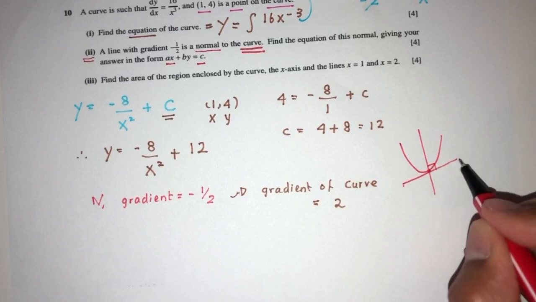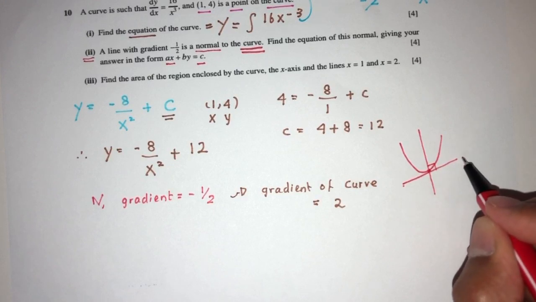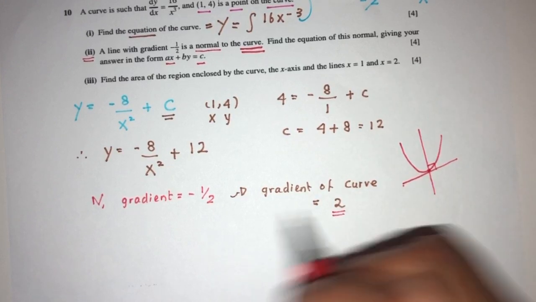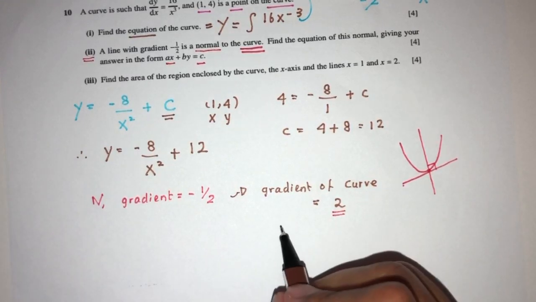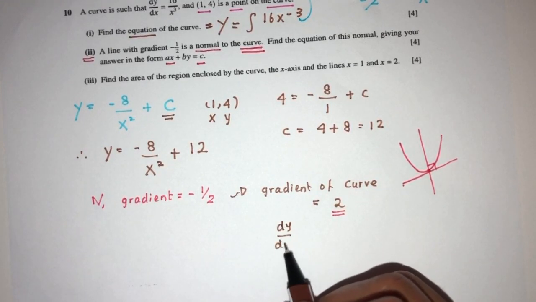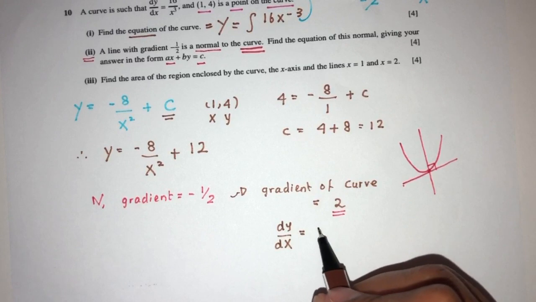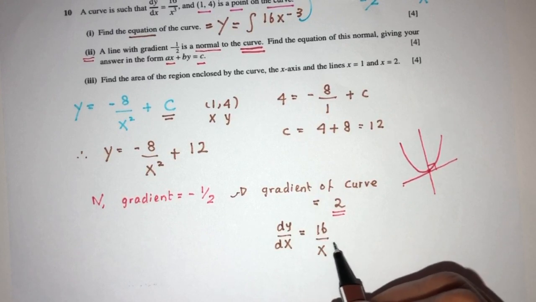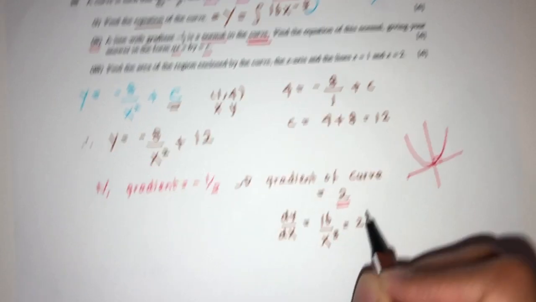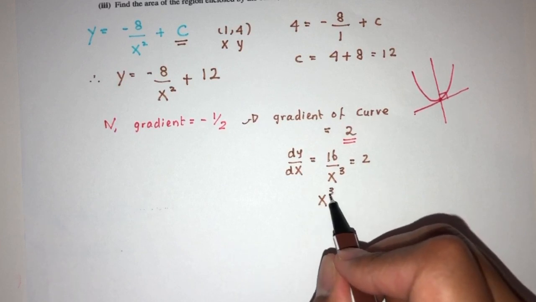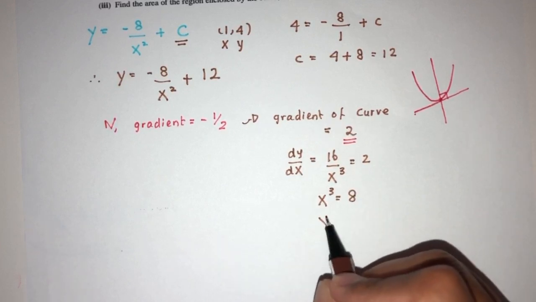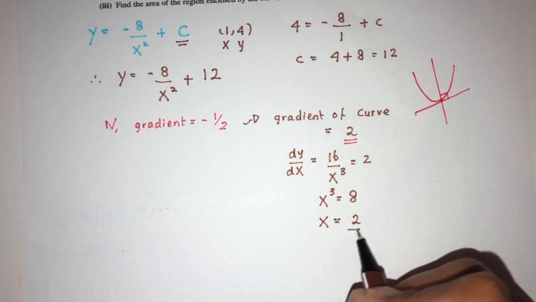Now this tangent represents the gradient of the curve, so this has to be 2, which means dy by dx is 2. That will be 16 over x to the power of 3 is 2, which means x cubed is equal to 8. x has to be the value of 2.